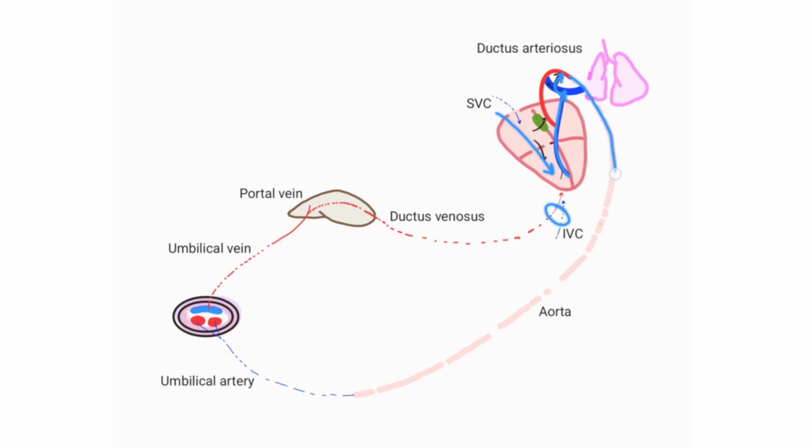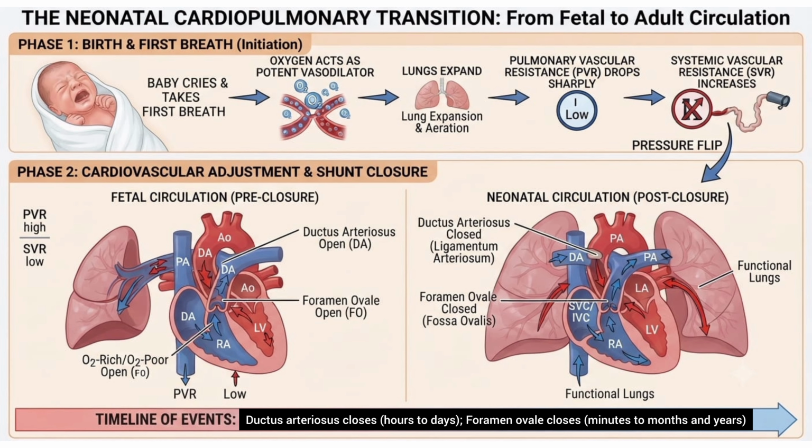From the aorta, blood travels all the way down, and then the internal iliac artery gives out branches, including branches of the umbilical artery, which then carries this mixed blood to the placenta, and the cycle continues. Once the baby is born, the baby gives a good cry, takes a breath, and eventually the lungs expand. The lungs become functional.